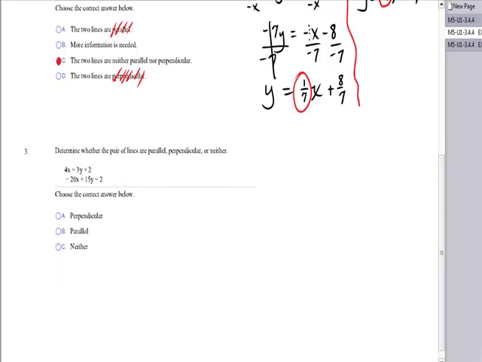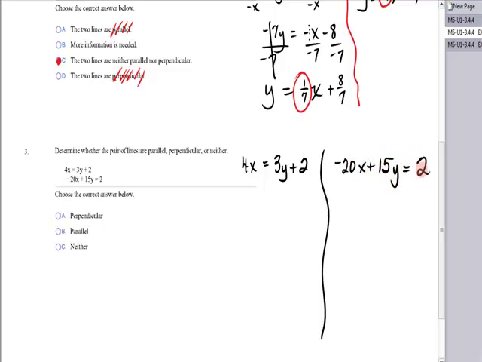Okay, let's look at number 3. Looks like I'm going to need to work on both of these equations. I have 4x is equal to 3y plus 2, and I have negative 20x plus 15y is equal to 2. All right, the first one. I need y by itself. And I kind of like to have my y on the left, so I'm just going to turn this around. 3y plus 2 is equal to 4x.